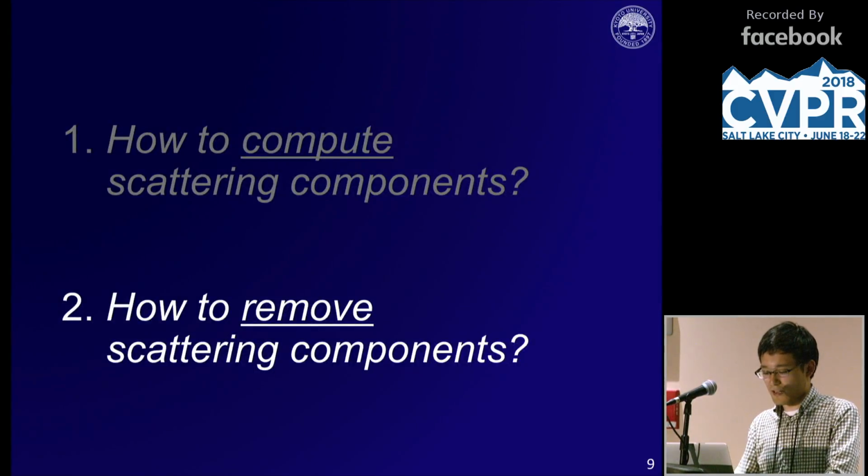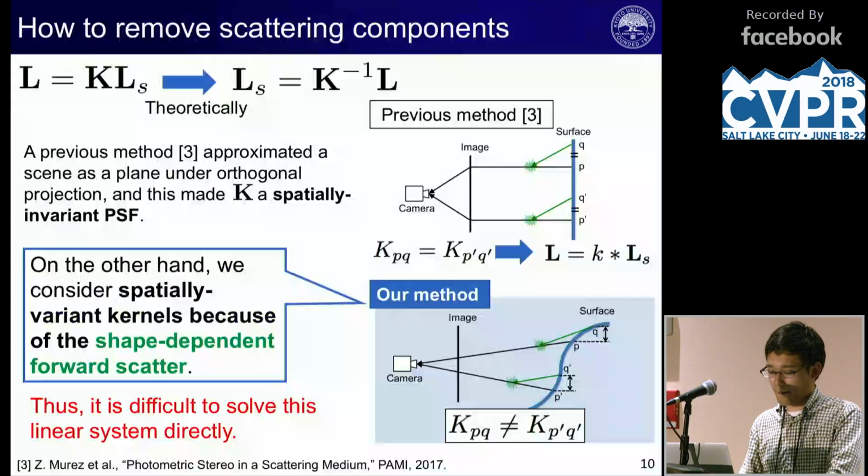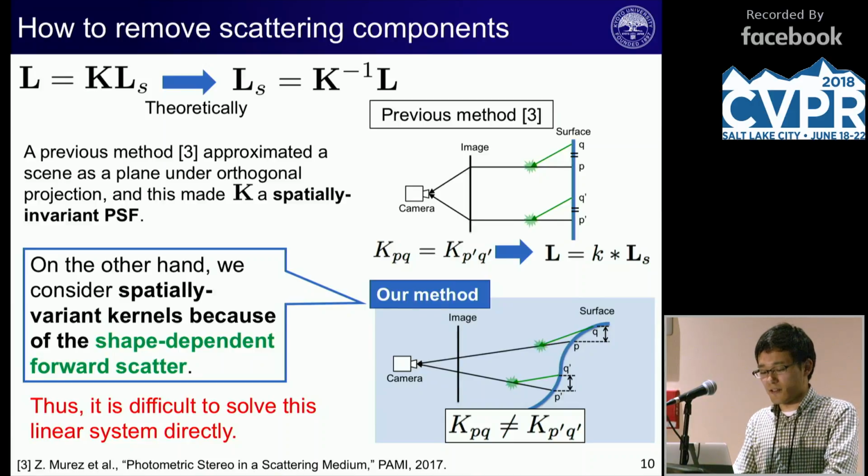Next, I'd like to move on to the next point, how to remove scattering components. As I said, surface camera forward scatter is written by a linear system. So theoretically, it can be solved using the inverse matrix.